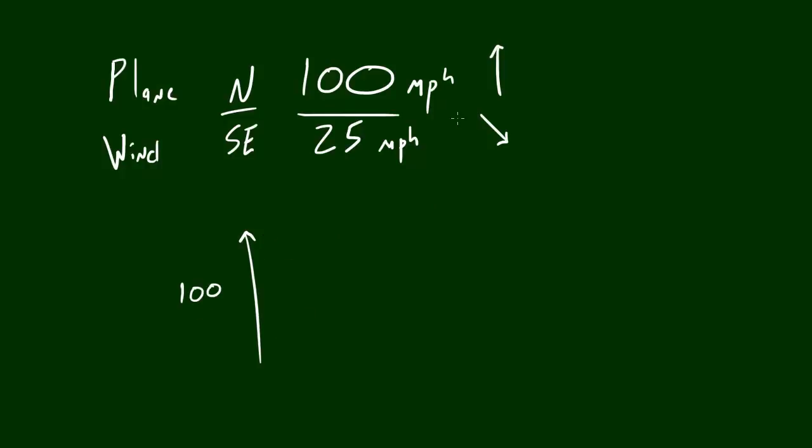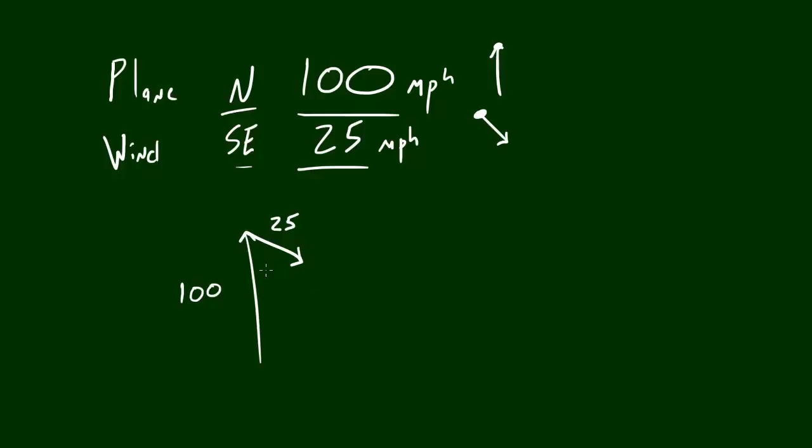So now what you have to do is you need to draw this other vector southeast at 25 miles per hour, but you just don't draw it anywhere. You need to draw it head to tail. The tail of this one needs to be drawn on the head of this one. So you go ahead and take the tail and you draw it right there. So this force would be 25 miles per hour in the southeast direction.